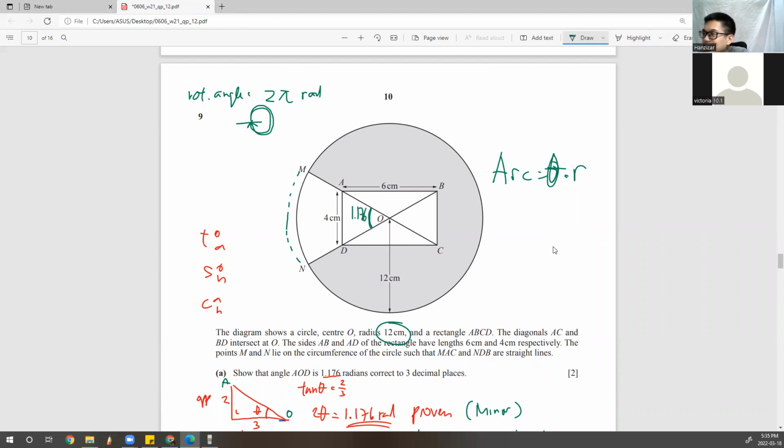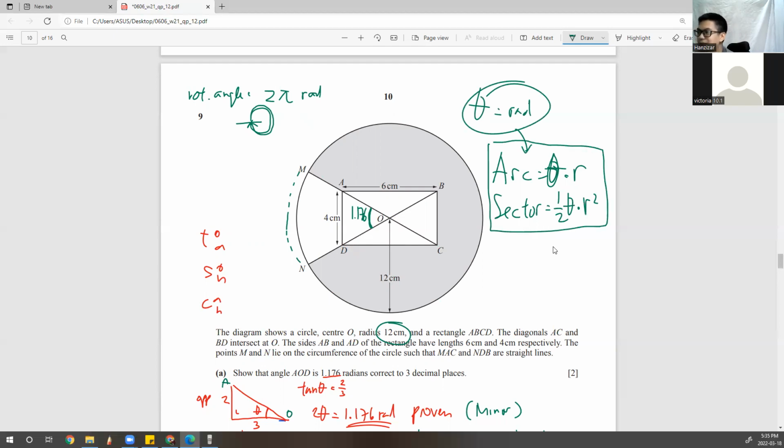So the area is, okay, sector formula, you have to memorize the sector formula, 1 over 2 theta times r squared, right? In terms of radian. Theta is always in terms of radian. If it is in degree, the formula will be different. Okay, this will be the formula of arc and sector area.